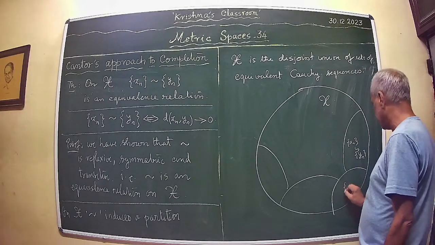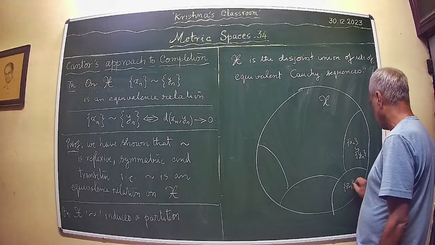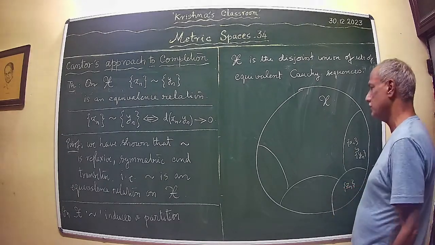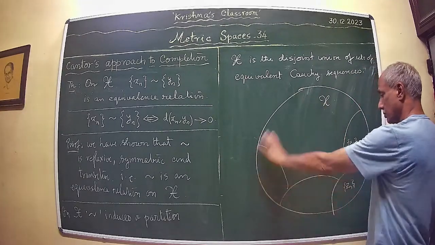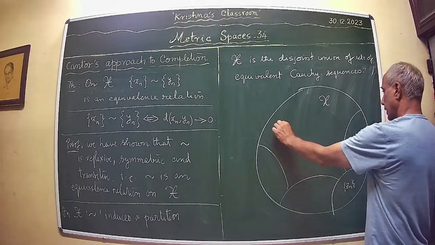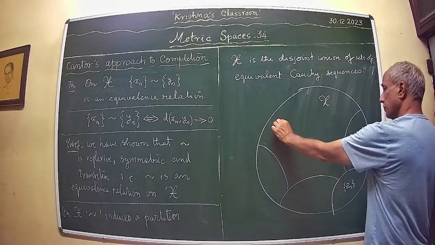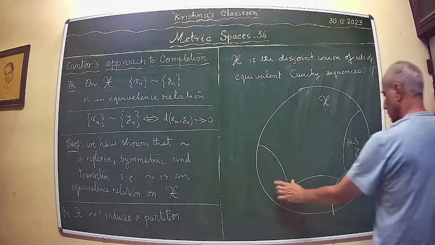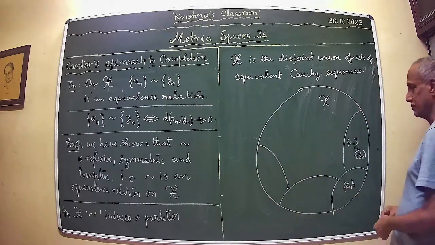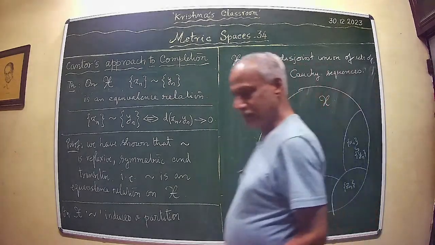So if you have a Zn here, Xn is not related to Zn. Okay, so this is how the partition goes. So every element of script X is in one of the blocks, and these blocks are disjoint. Okay, so that's the breakup.